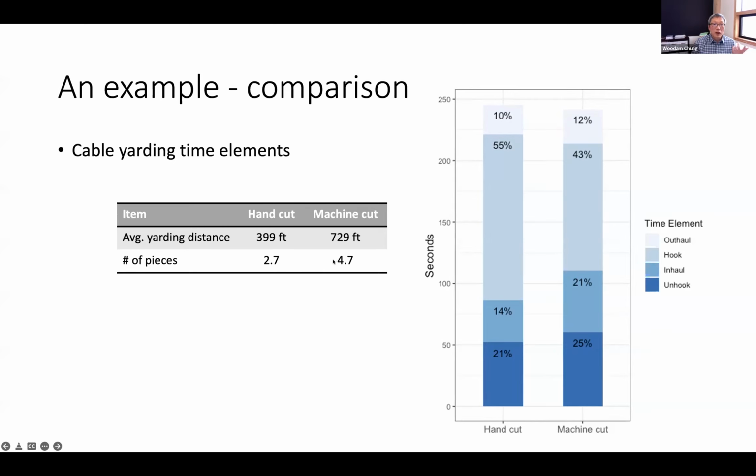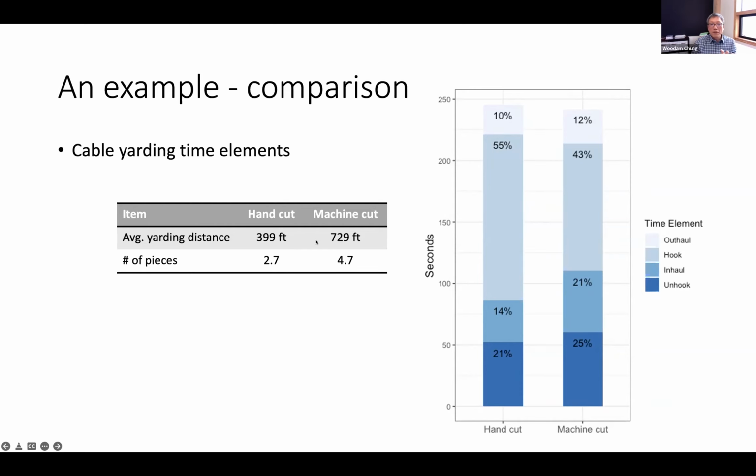But at the same time, because the trees were nicely piled up along the skyline corridor, we were able to grab more trees per cycle. So you can see here the number of pieces that were brought into landing every cycle was about 3 trees or 3 pieces in hand cut area versus about 5 pieces in machine cut area.